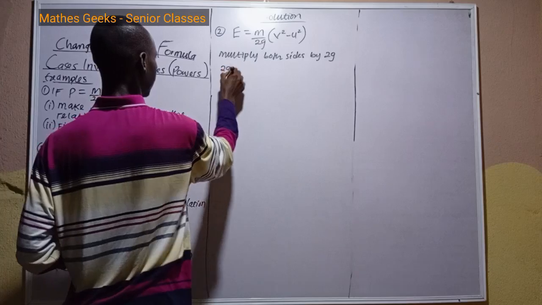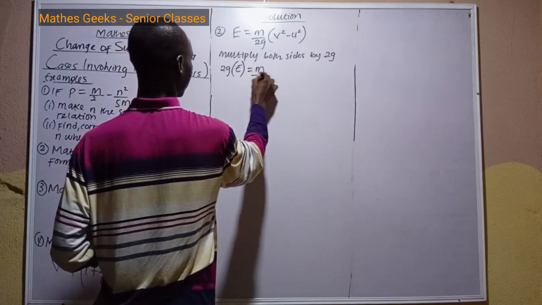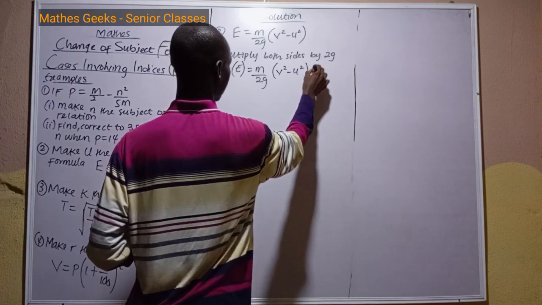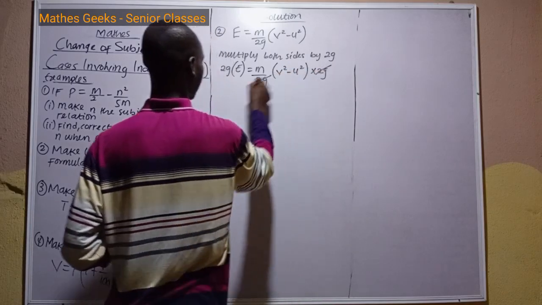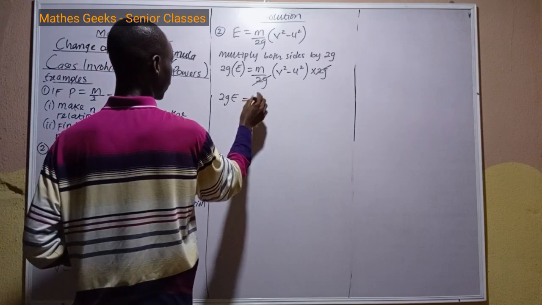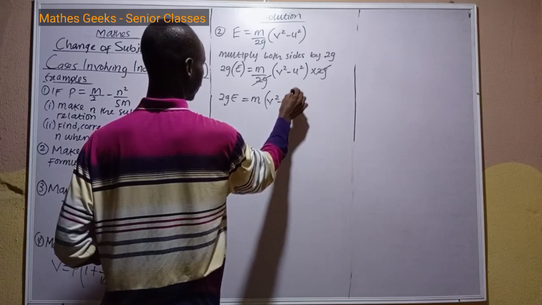So 2g times E equals m over 2g, v squared minus u squared, times 2g. 2g cancels 2g. So 2gE equals m times v squared minus u squared.